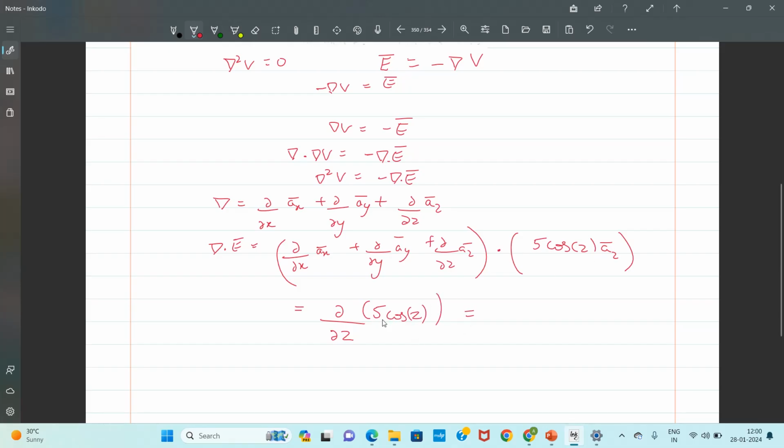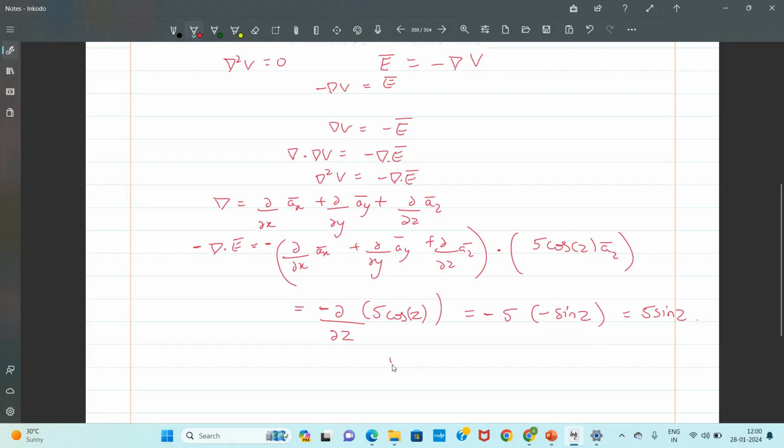Okay, so what is the answer now? You have this 5. Differentiation of cos z with respect to z will be minus sin z. And here you already have a negative sign, minus del dot E. So if I put minus here, you'll get minus again. Here minus. So the final answer is going to be 5 sin z.